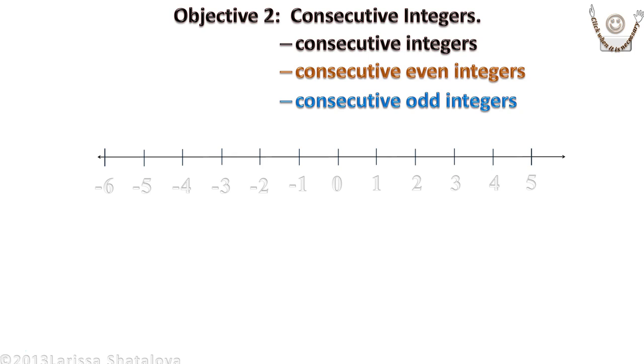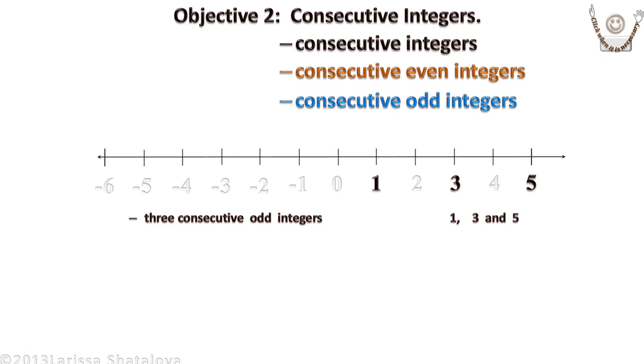Next example is 3 consecutive odd integers. As an example, you can see 1, 3, and 5. The difference between 1 and 3 is 2 units. The difference between 3 and 5 is 2 units. But the difference between 1 and 5 is 4 units.